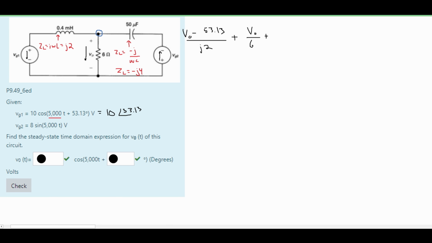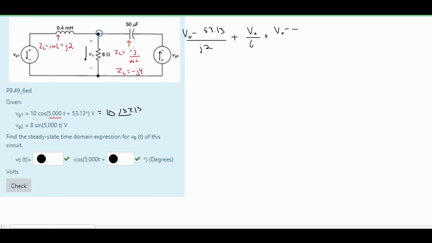Now we are going to add to this our V0 divided by our 6 ohm resistor, and then we're going to have a plus. We will have our V0 minus, and then since our VG2 is going in the up direction, we will have another minus, and then our VG2. Our VG2 is given to us right here, and we see that it's a sine. We need to convert to a cosine.